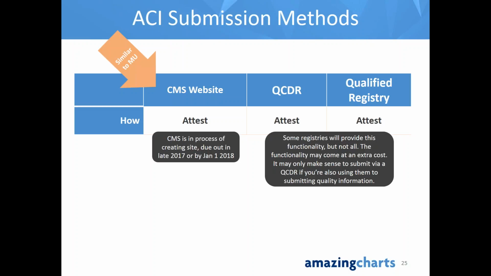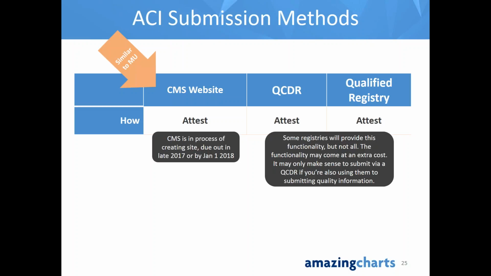I know this can be confusing: there are qualified registries, and then there are QCDRs, qualified clinical data registries. Some, but not all, QCDRs, in addition to submitting your quality measures, will offer the ability to attest to ACI and improvement activities. You'll likely be using a registry or a QCDR to submit your quality measures.